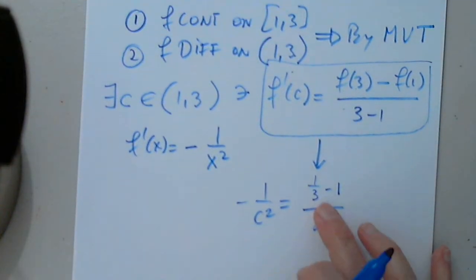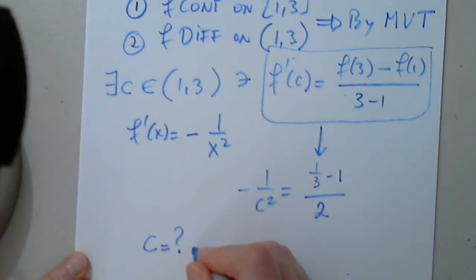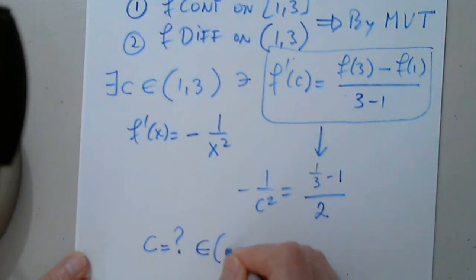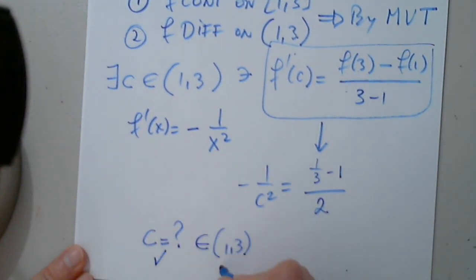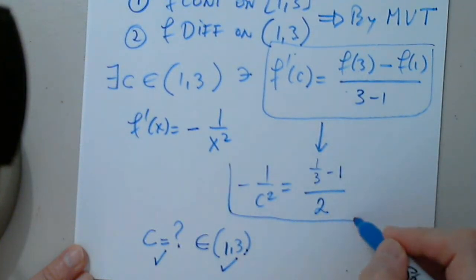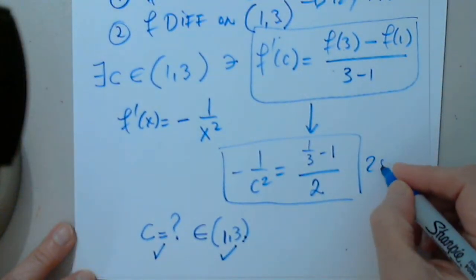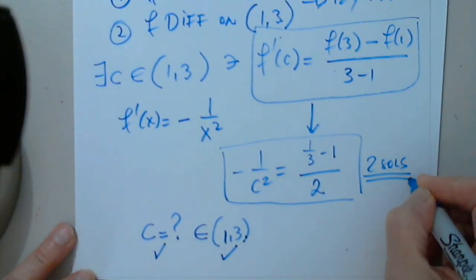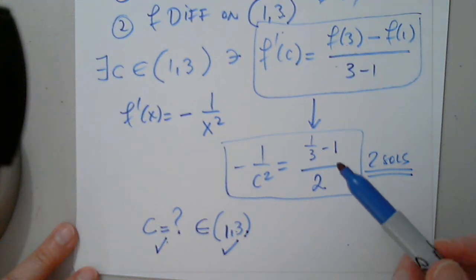I have to solve this for c and also show that it is in the open interval 1, 3. It's quadratic, so I have to show 2 solutions, then say whether both are in the interval or just one, and select the one guaranteed by MVT.